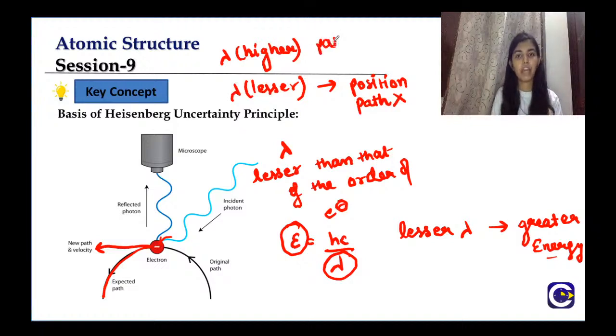You can find out the path, but you cannot find out the position of the electron. So Heisenberg concluded basically that for particles like an electron which are moving continuously in an orbit, if you go to find out the path, you cannot find out the position, and if you are going to find out the position, you cannot find out the path, right?